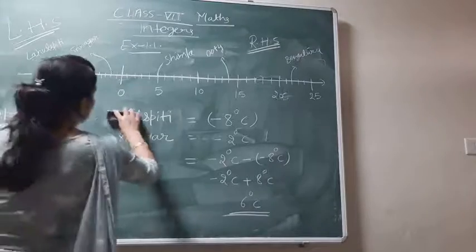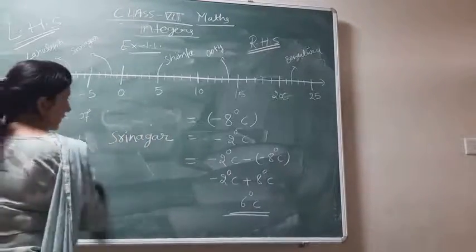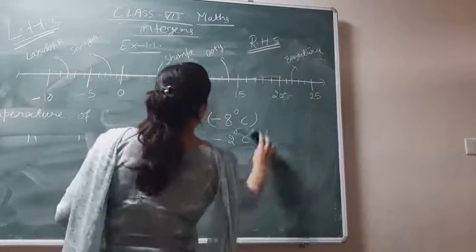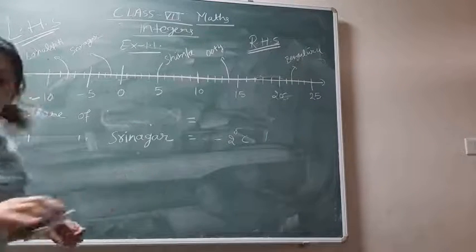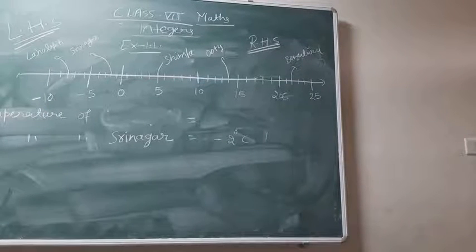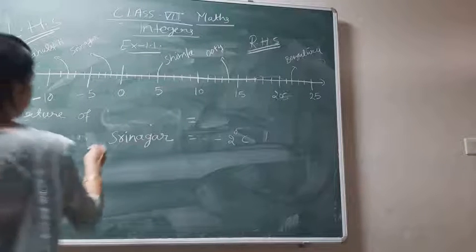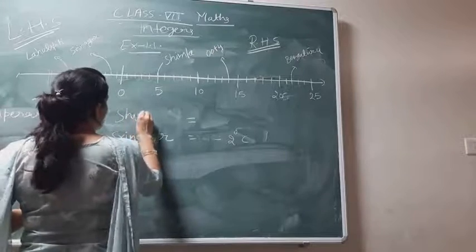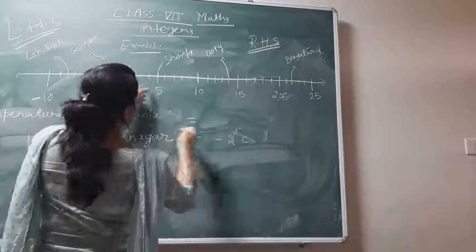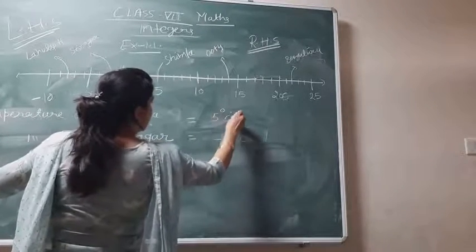So we will write down the temperature of Srinagar is here, Shimla. What is the temperature of Shimla? It's 5 degrees Celsius.